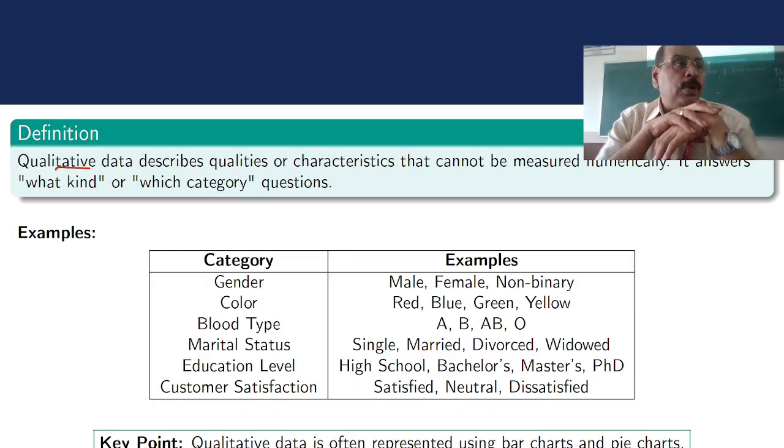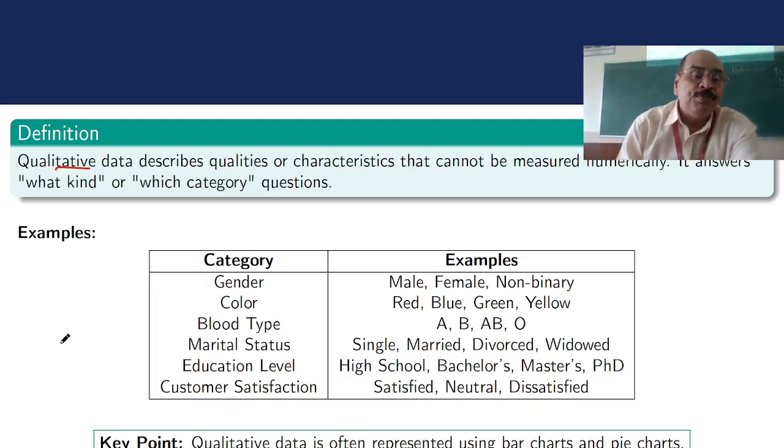I hope you have understood what is qualitative data. I've given some examples: gender, marital status, single, married, divorced, widow, separated, or something like that. So these are all categorical data.